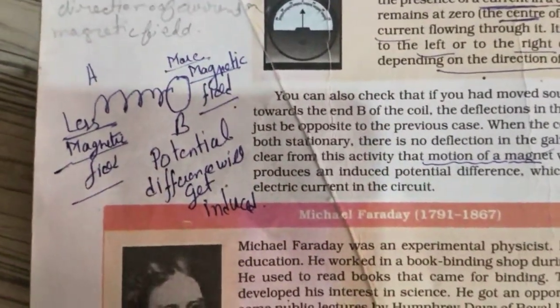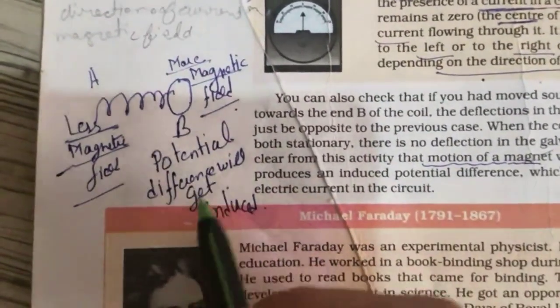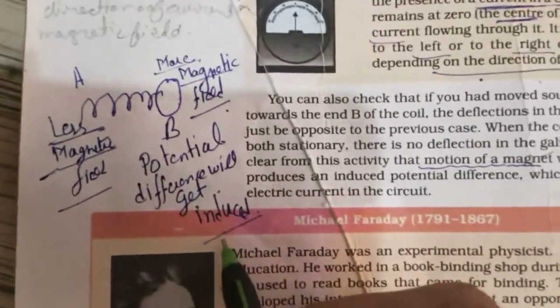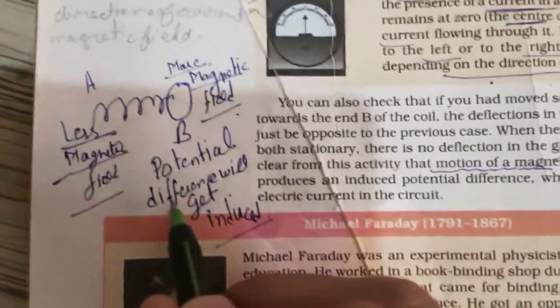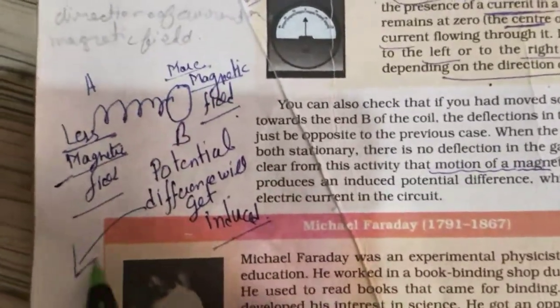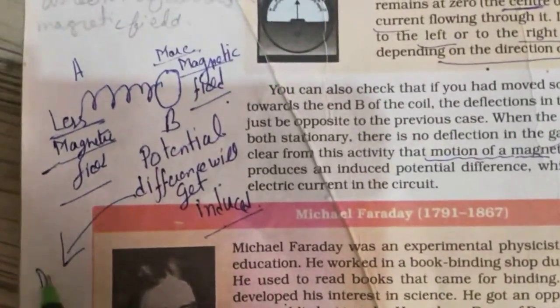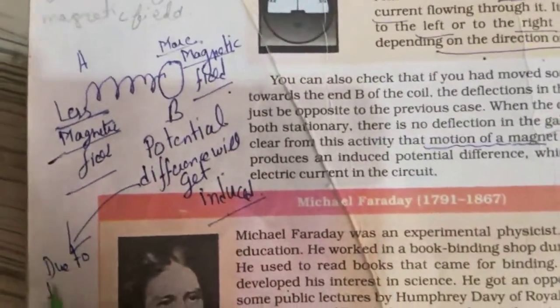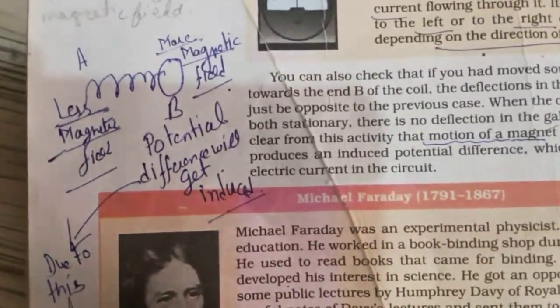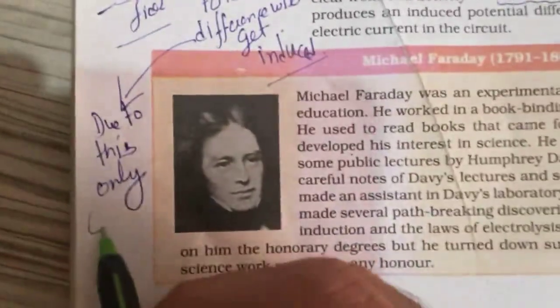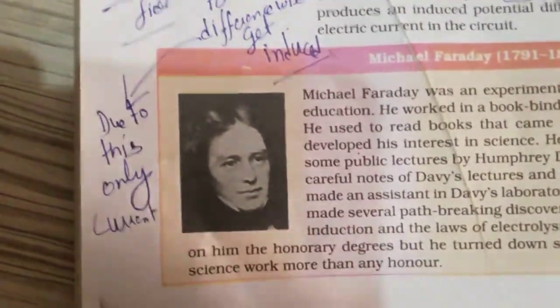Due to this, a potential difference will get induced. Induced means generated. A potential difference will get induced in the coil. Due to this potential difference only, due to this voltage only, current will start running in the coil.